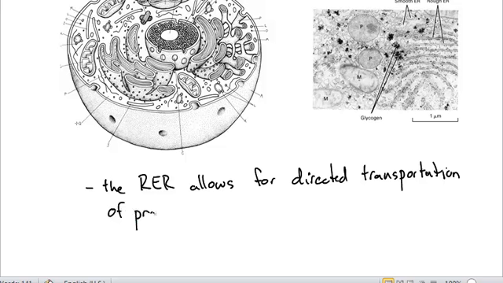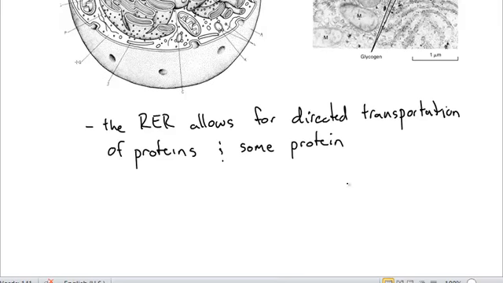So it basically controls where the proteins are heading in the cell. And some protein modification. So as the protein moves through the ER, changes are made to it. It's improved.